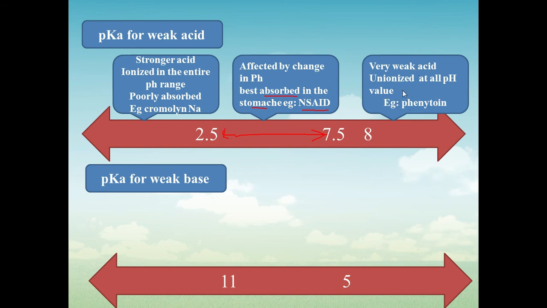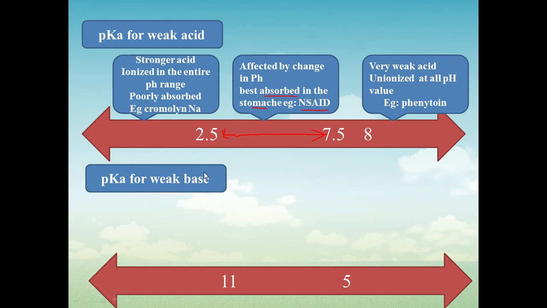Those drugs which have pKa greater than 8, if it is a weak acid, their absorption is pH independent. It will get absorbed from anywhere in your GI tract. Okay, this concept is all about the pK for weak acids.